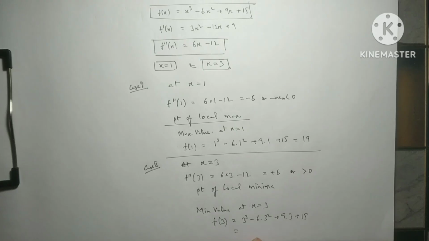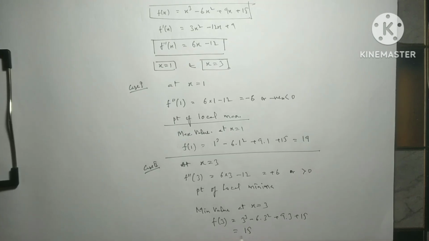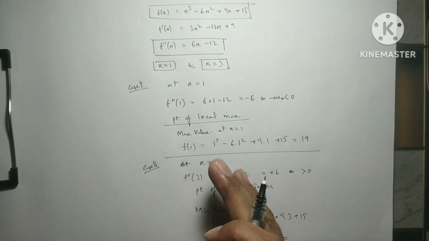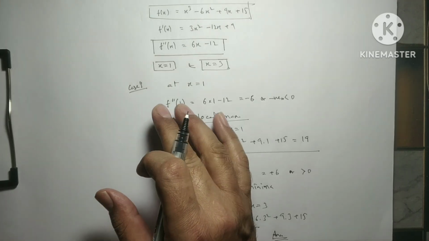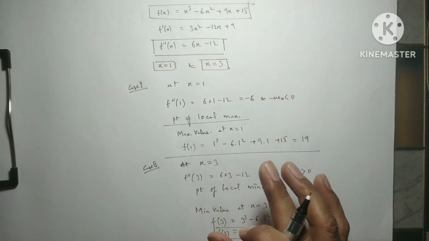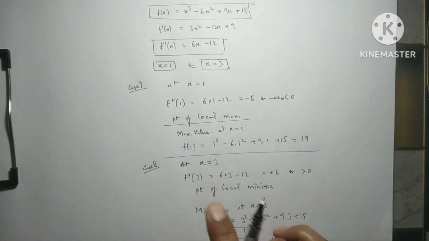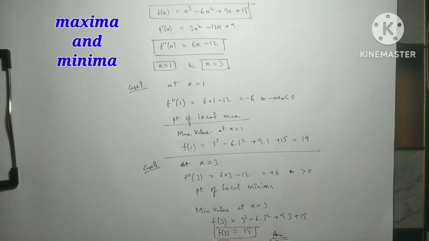So we get the value of this function at 3, that is 15. So this way we will get the local maxima and local minima and their maximum and minimum values.